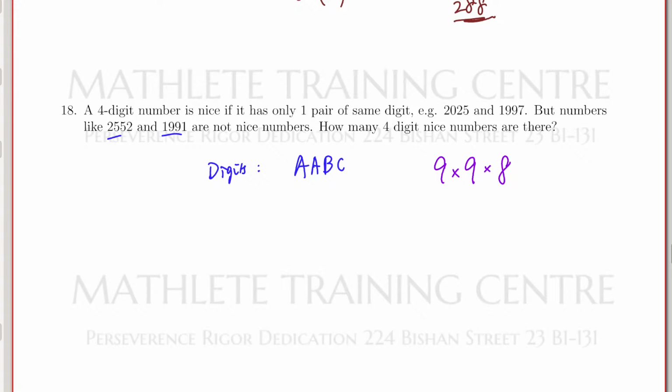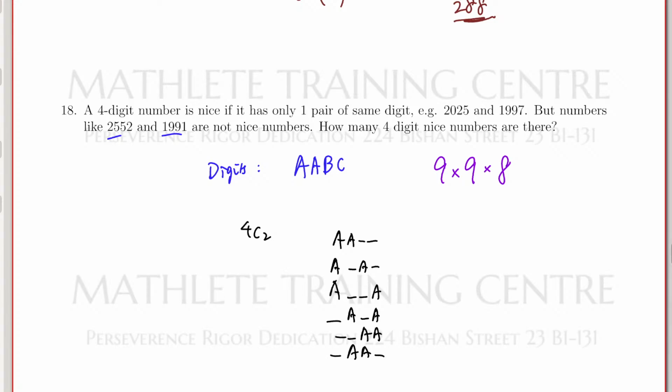Now, how many ways of arranging AABC are there? The answer is actually just 4 choose 2, because we just need to look at the positions of the A's. For example, AA something something is different from A something A something, which is different from A something something A, and so on.